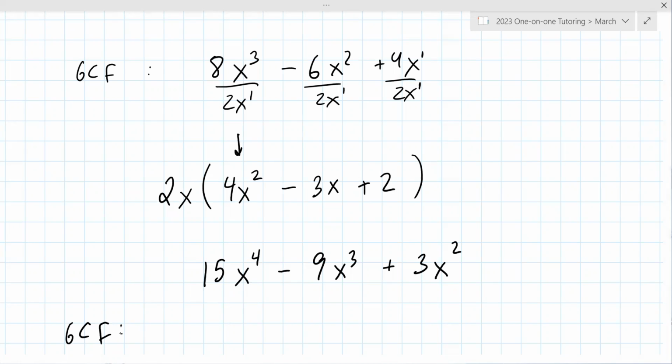Let me know when you've got your GCF, the thing that goes on the outside. It's pretty important to get that right to be able to move forward on this.